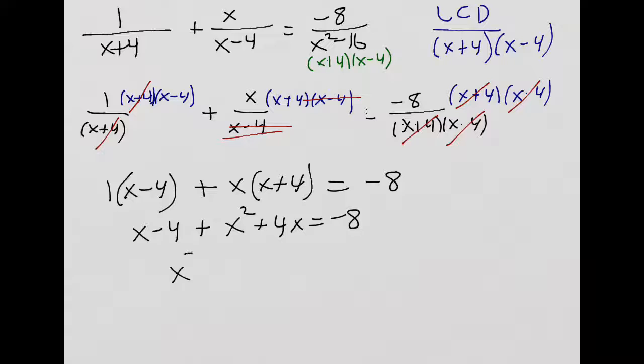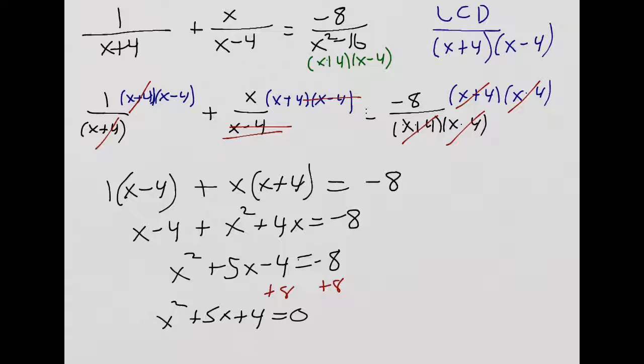So let's combine all the terms that we can. We get x squared plus 5x minus 4 equals negative 8. Let's add that 8 over to the other side so that we get 0. What's the result then? We get x squared plus 5x plus 4 is equal to 0. This is certainly a quadratic equation that we should be able to solve.